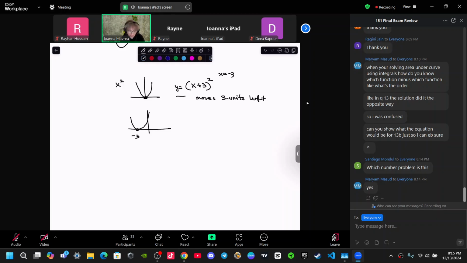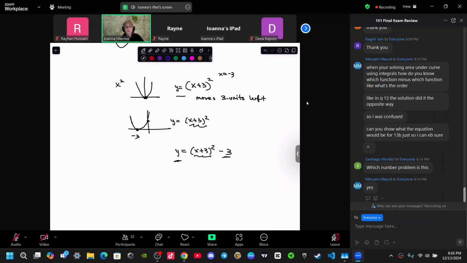Okay, so I have this graph, but this is not what I want, right? I want this graph, but the y, I don't want it to be that number. I want it to be that number -3. So I don't want the old y. I want to take the old y and subtract 3. So what happens to the whole graph?